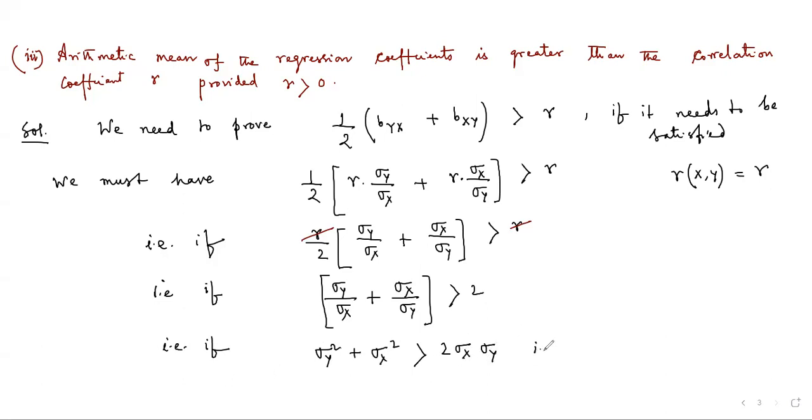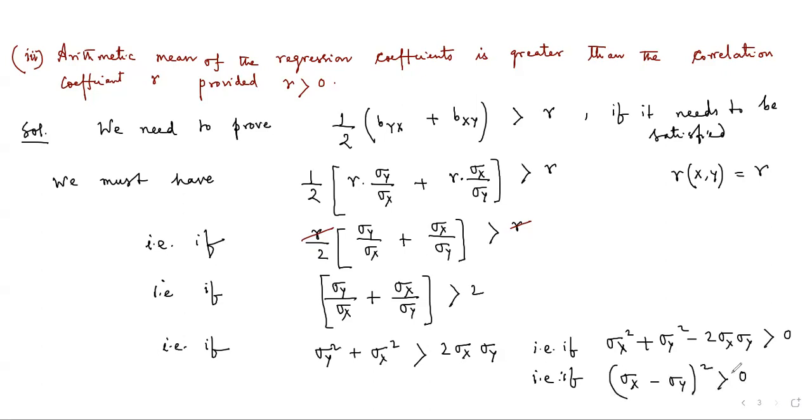That is, sigma x square plus sigma y square minus 2 sigma x sigma y greater than 0. That is, (sigma x minus sigma y) whole square greater than 0, which is pretty obvious, because (a minus b) whole square is always positive, which is a fact.